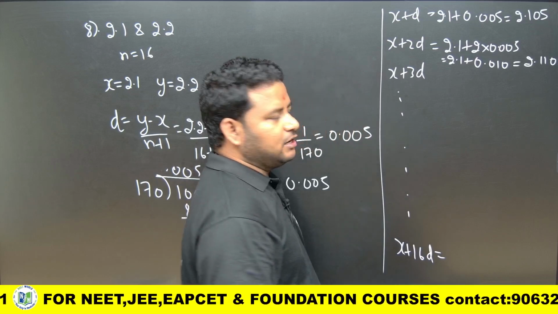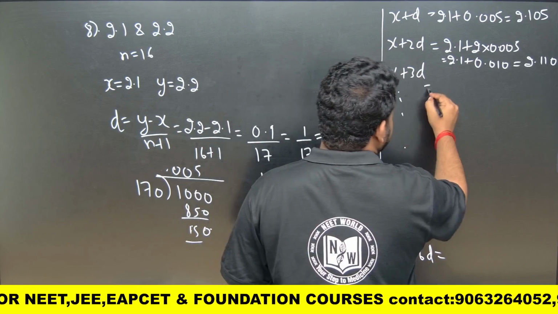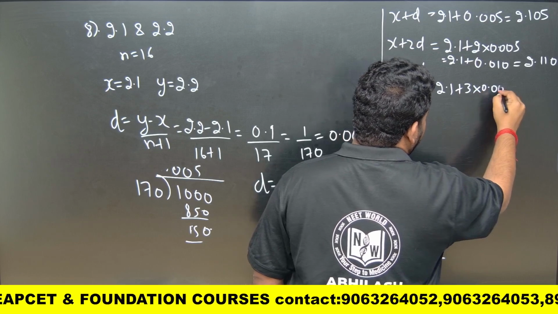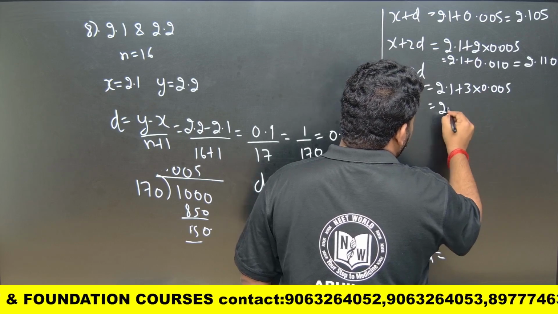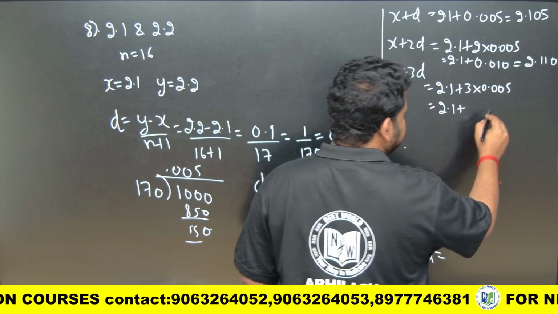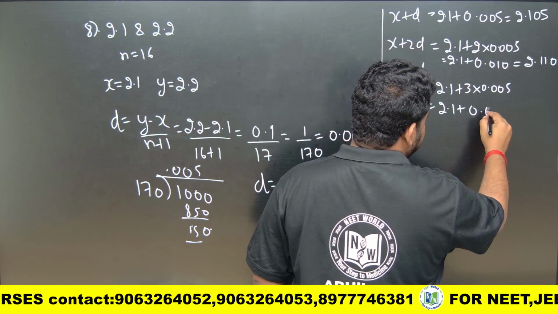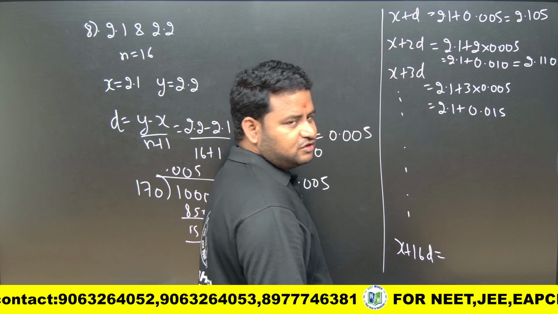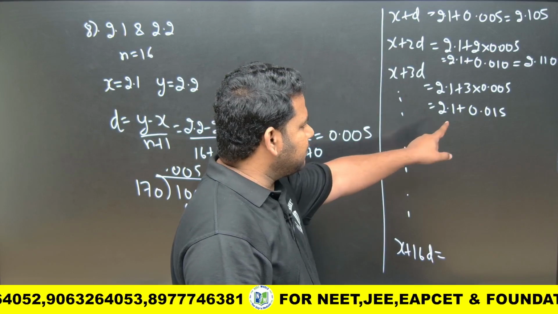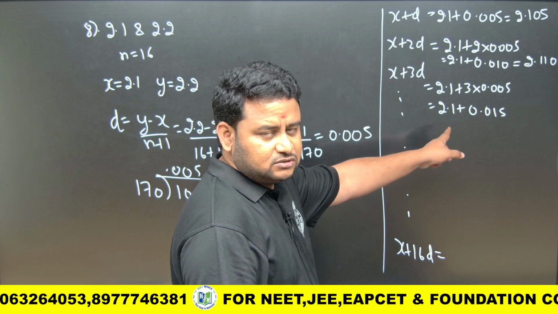Now how to find x plus 3d? X is 2.1, and 3d is 3 into 0.005, which is 0.015.